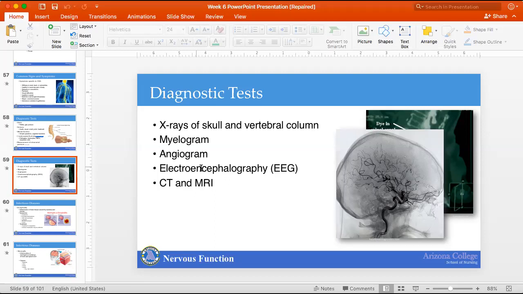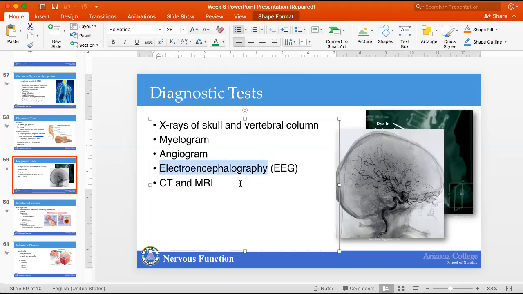You can also do an EEG, looking at the electrical activity of the brain. If someone's on life support and they do an EEG, it could show that there's no brain activity going on, being an indication that someone is brain dead.